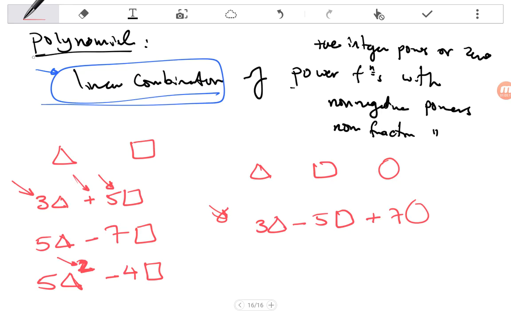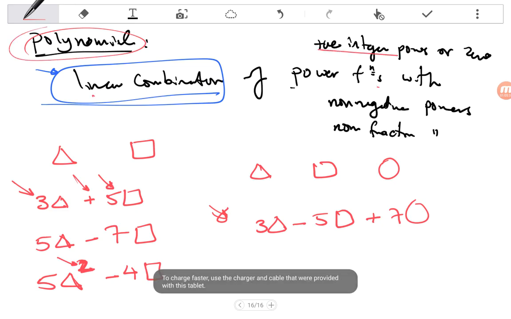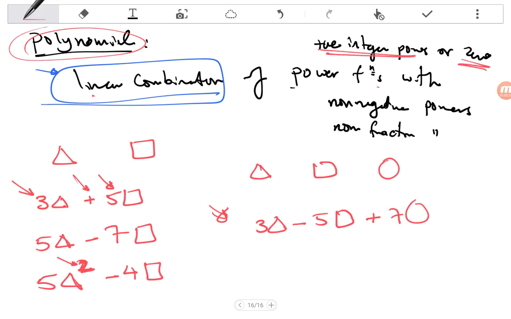Okay, so when I say what is a polynomial, it is a linear combination of power functions with positive integer powers or 0. So a polynomial, if I give, for example, 5x^7 minus 3x^2 plus 1, is that a polynomial?